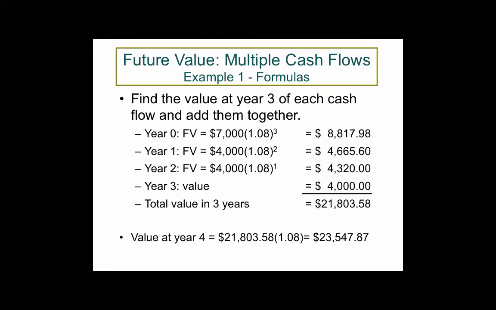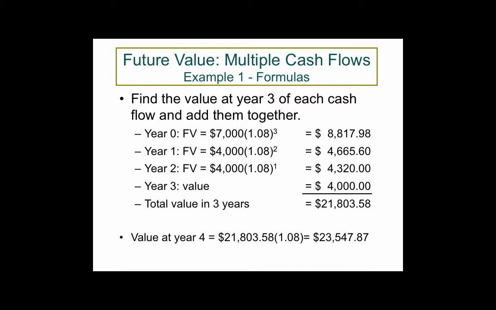$8,817.98. In year 1 and 2, you're going to get $4,000, so you're going to push those 2 years ahead and 1 year into the future. And then in year 3, you're going to have $4,000, and you're already in year 3 when you're doing this last calculation, so you don't have to do anything with that $4,000.